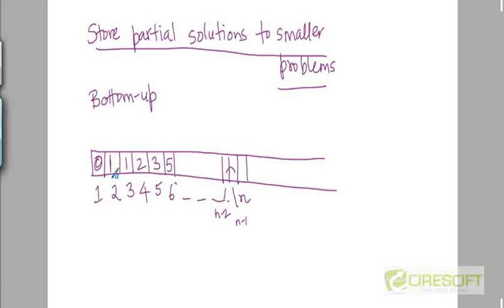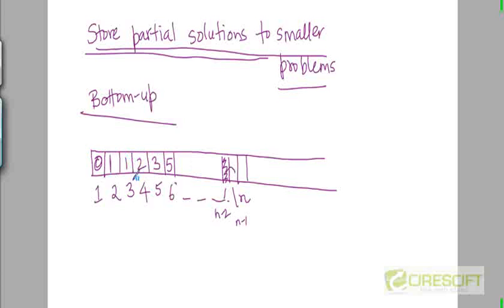Of course, I don't need to store all the results because to calculate Fibonacci of n, I just need to know the values of the two previous subproblems. So once I calculate what Fibonacci of n is, I can actually discard this value if I am short of memory. But the idea here is to go bottom up, store the partial solutions to smaller subproblems, and use those partial solutions in calculating the solution to larger and larger problems.